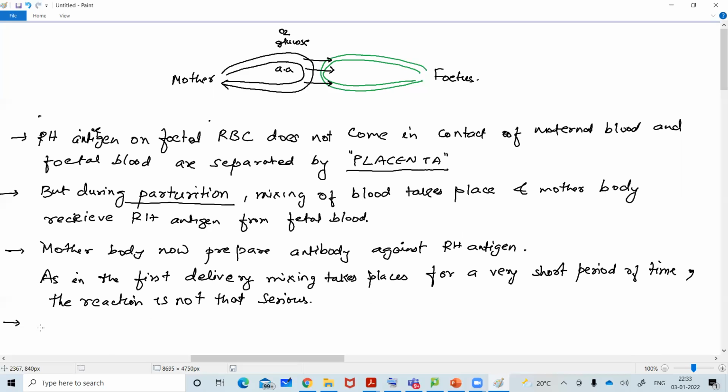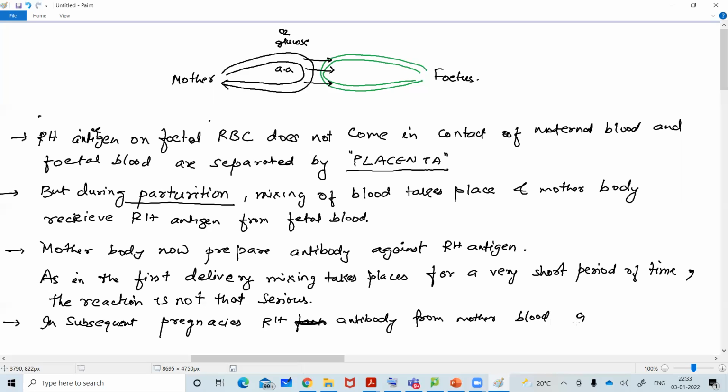So the last point you can say: in subsequent pregnancy, Rh antibody from mother's blood goes to the fetus, destroying the fetal RBC, right?